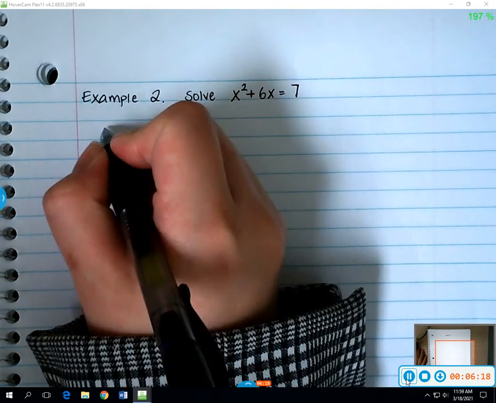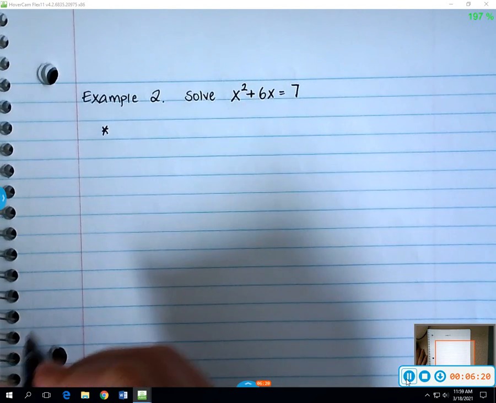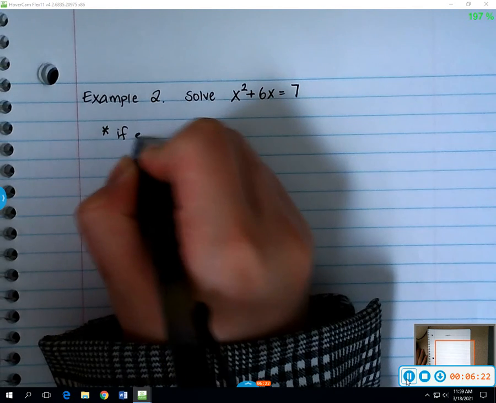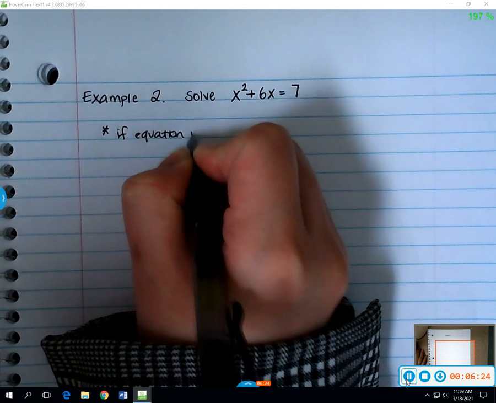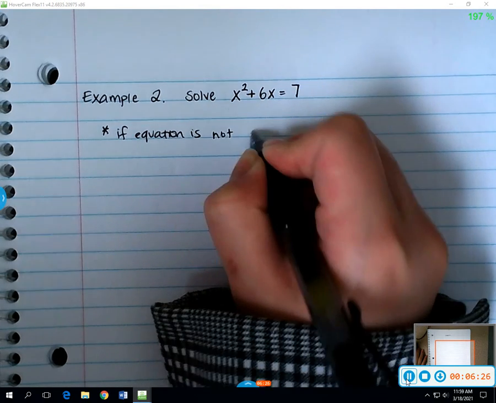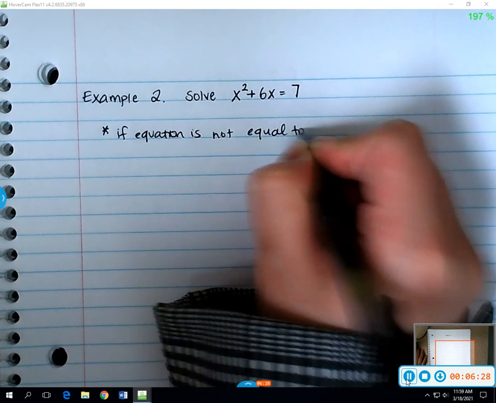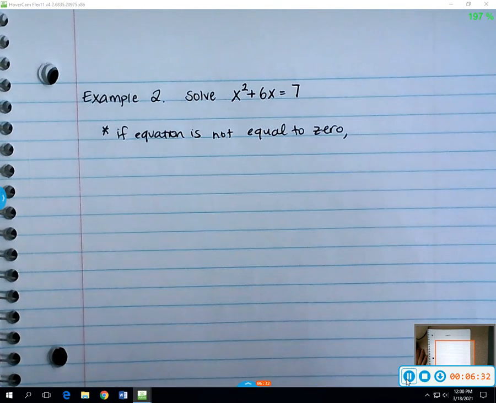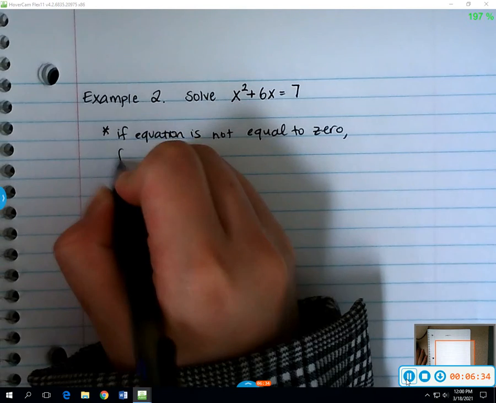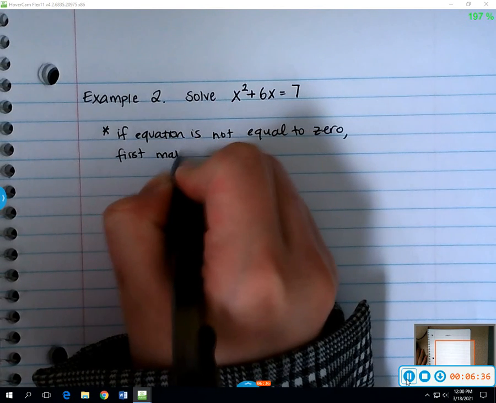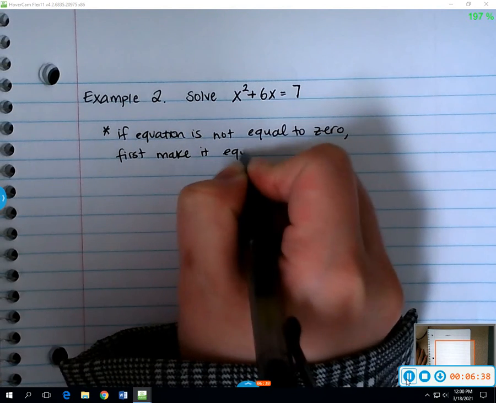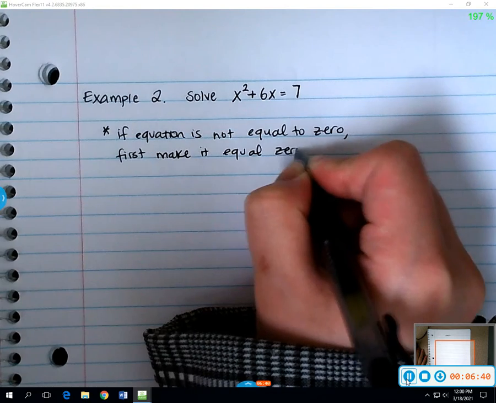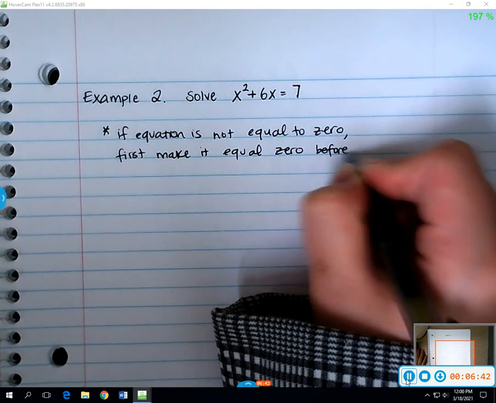An important note is that if your equation is not equal to 0 already, then you need to first make it equal to 0 and then you can factor it. So first make it 0 before factoring.